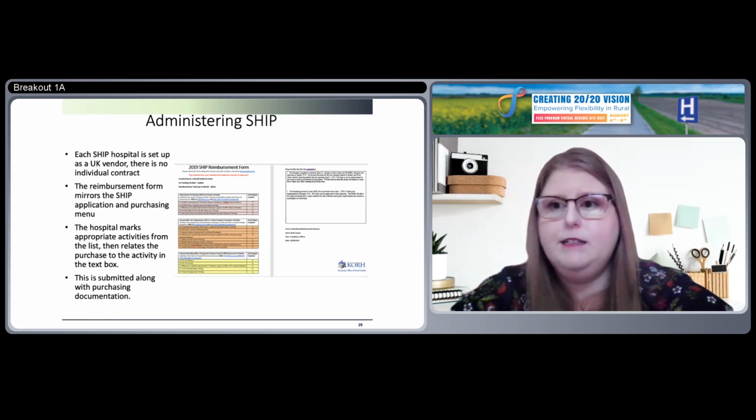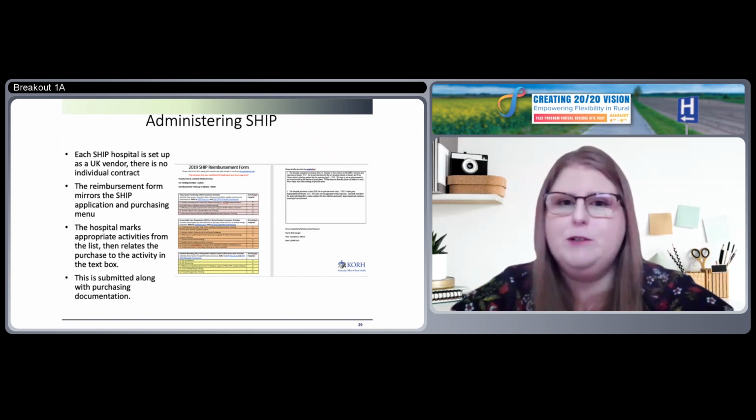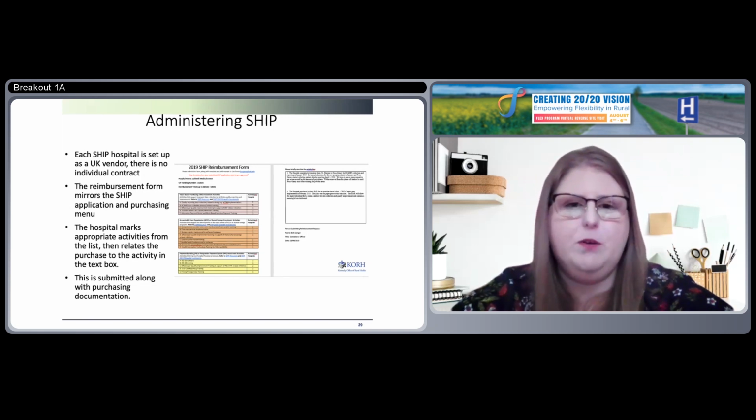So Lisa was nice enough to give me these next couple slides because she is the SHIP grant coordinator, and she really does a great job. She does a much better job than I ever did and is much more organized. She has this reimbursement form that she created, and it mirrors the purchasing menu. Each hospital marks out what they want to do, and then that is approved by our office and sent along with other purchasing documentation.